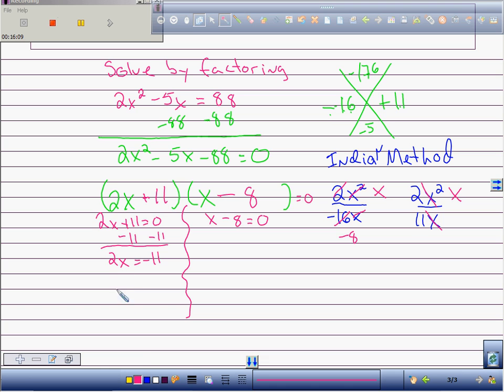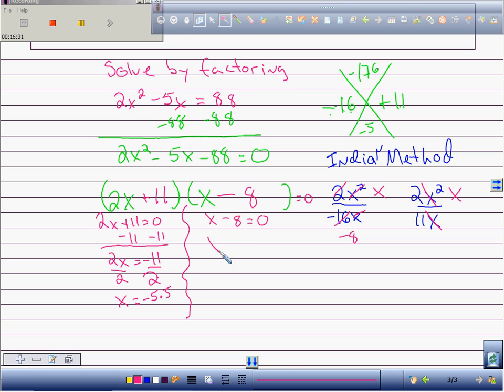I divide both sides by 2, positive 2 by positive 2, and I get x equals negative 5.5, or negative 11 over 2.